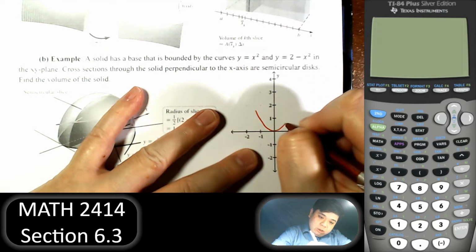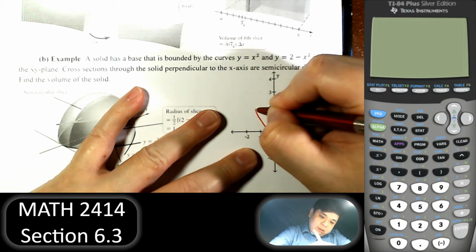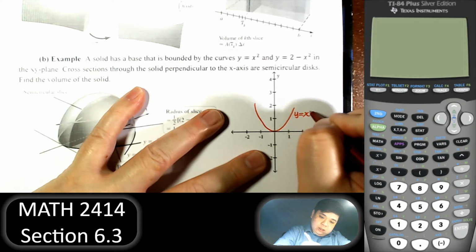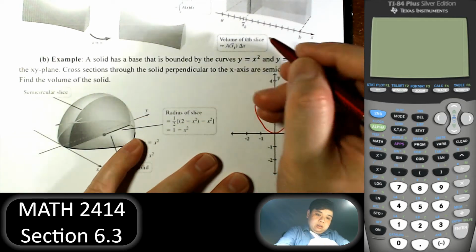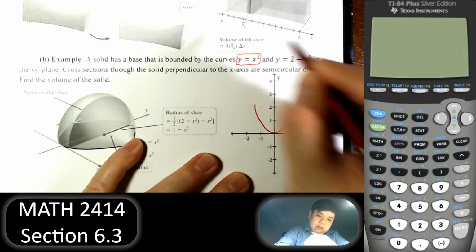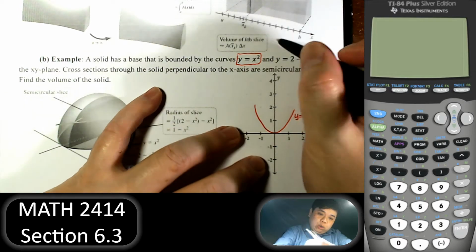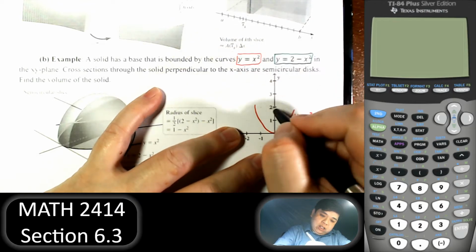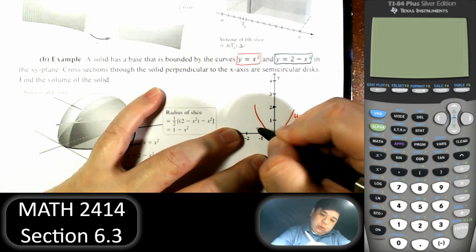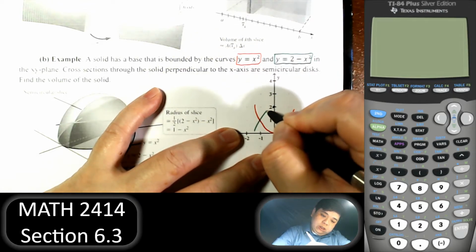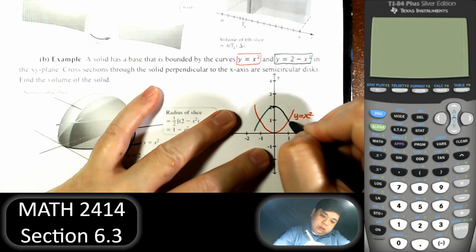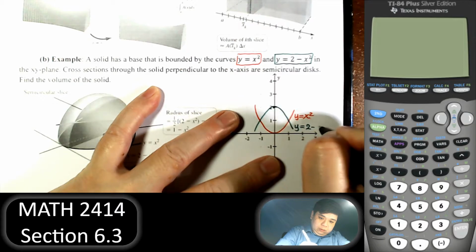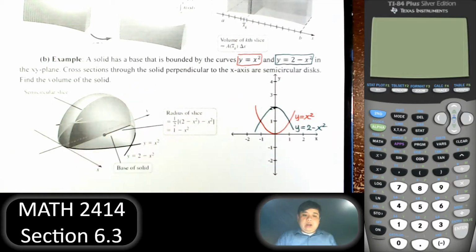It is a parabola that opens up. And then we have y equal to 2 minus x squared, a parabola that opens down. When x equals 0, y is equal to 2. So we have those two curves.